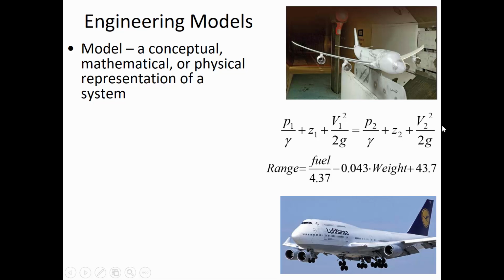And you'll notice that the difference between Bernoulli's equation and this other model is that Bernoulli's equation is a fundamental equation. It's based in the laws of science, whereas this empirical equation is just based in observation. And it's kind of like, it's got all these factors in here, 4.37, 0.043.